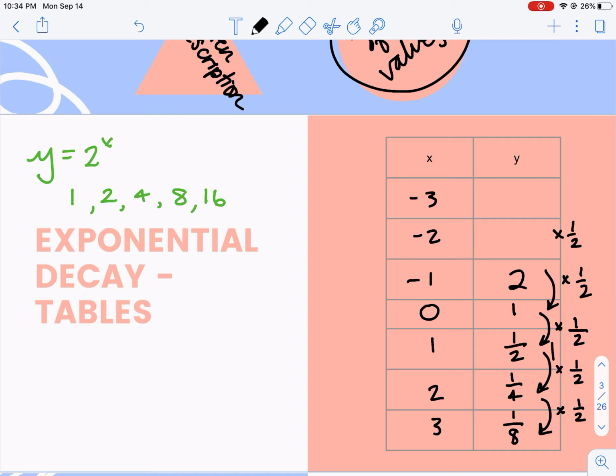Half of what number is 2? 4. And maybe you start to notice, oh, look at that, she's just multiplying those numbers by 2, right? As I go up the table, I multiply by 2, so this will be 8. And there's this really beautiful symmetry here, right? 2, 4, 8, 2, 4, 8. It just is nice.